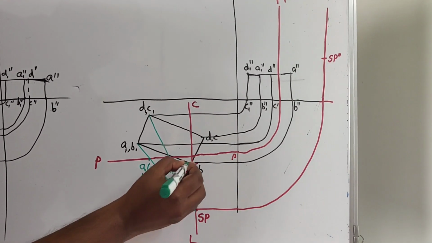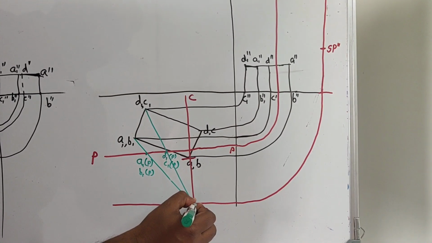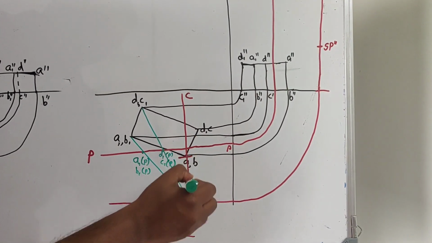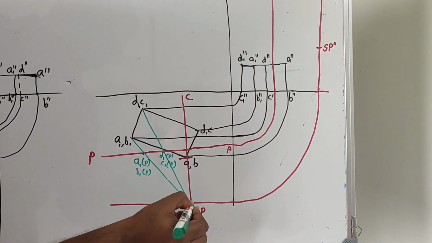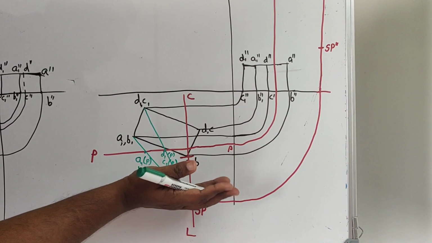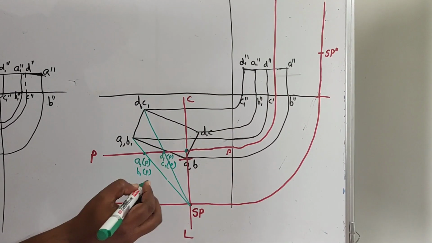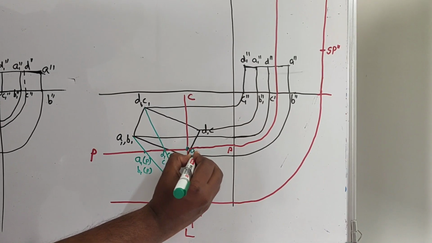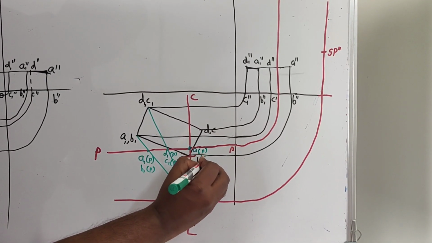The next step, if AB is towards here, while you are transferring it towards here, you are trying to connect it here, but there is no picture plane below this. So you will have the picture plane at this point. So this corresponds to AP and BP.